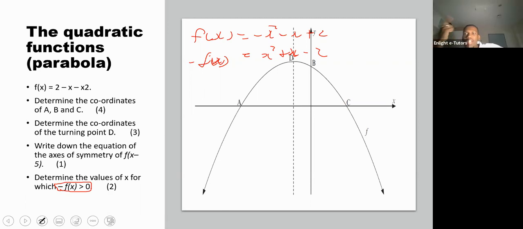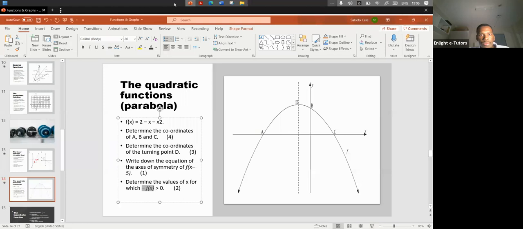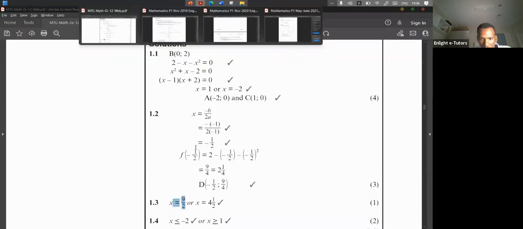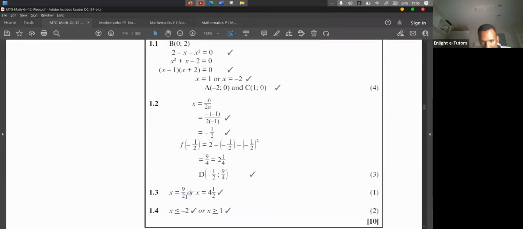But here is one thing they are not smart about. When they want the x values, they will still be the same. Let me see. If we flip it now like this, I'm going to flip it by 2. You see? Yes, x will be less than or equal to 2, or x is greater than or equal to 1.